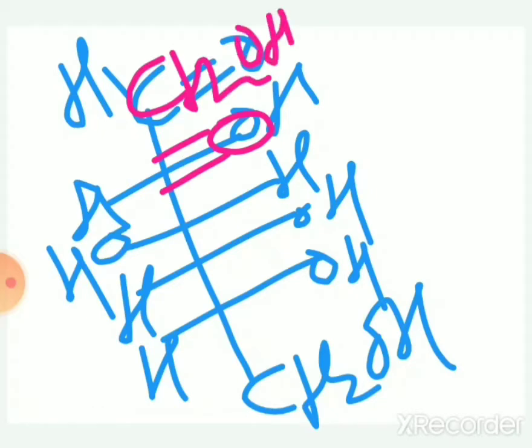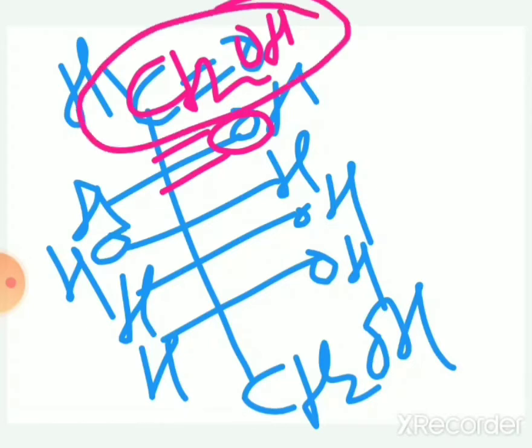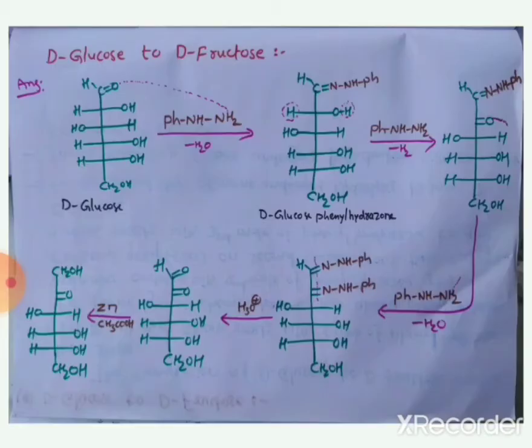So first we convert HOH to C=O, and then finally we get CH2OH. That is the procedure for conversion of glucose to fructose.